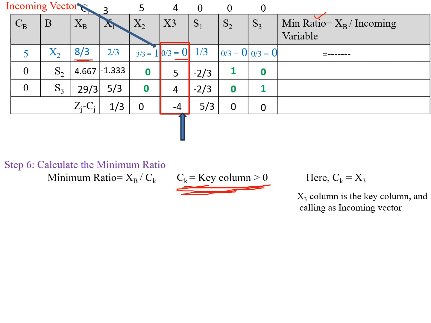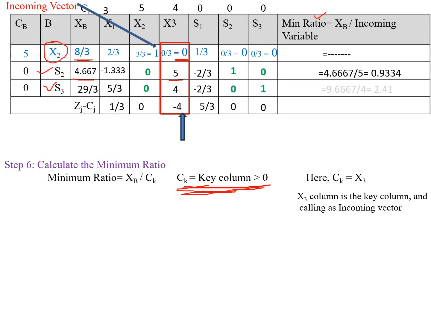But here for the x2 key column variable is 0. So here we are not determining the minimum ratio for the x2. Next we have to calculate the minimum ratio for the s2, that is the xb is 4.667 divided by the key column variable, that is 5. So 4.667 divided by 5, it is 0.9334.